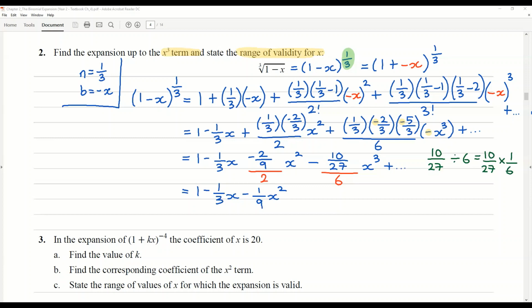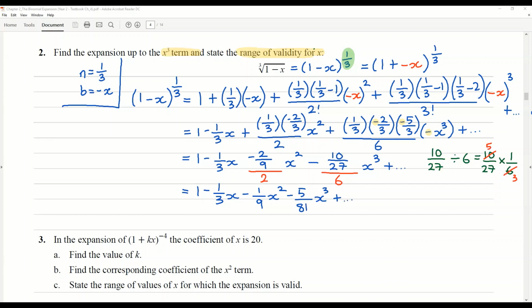Yes? From pre-GCSE. So I can cancel these down. So that's going to be 5. That's going to be 3. So what we essentially have is 5 over 81 for my coefficient there. So that's going to be subtract 5 over 81 x cubed plus some more terms. So that seems to be the expansion.